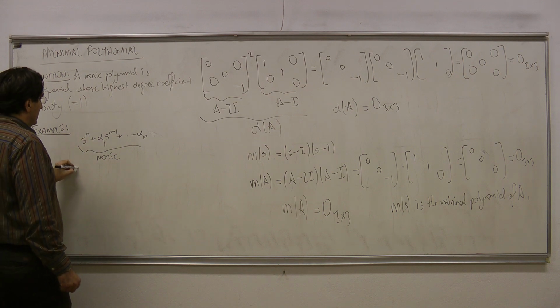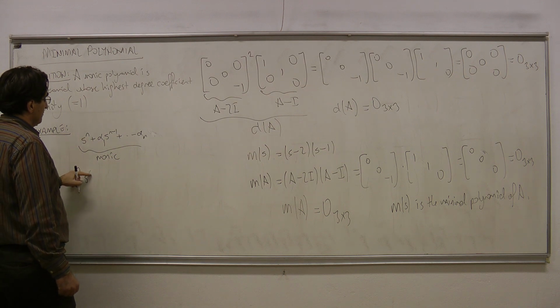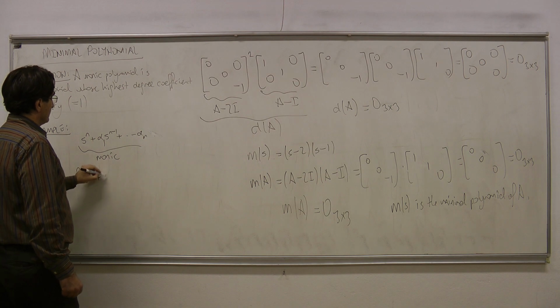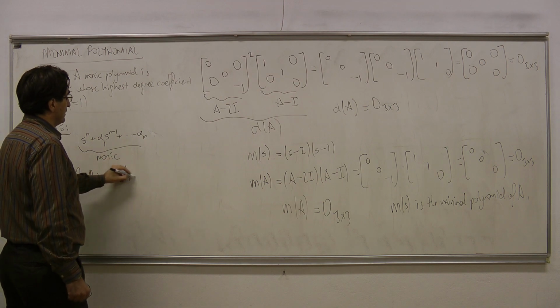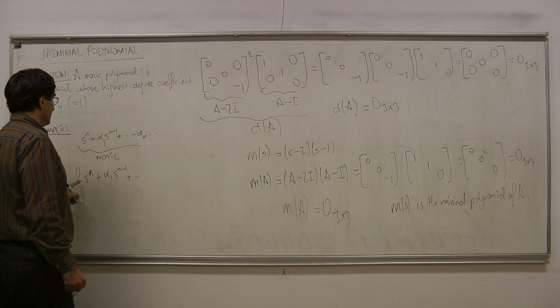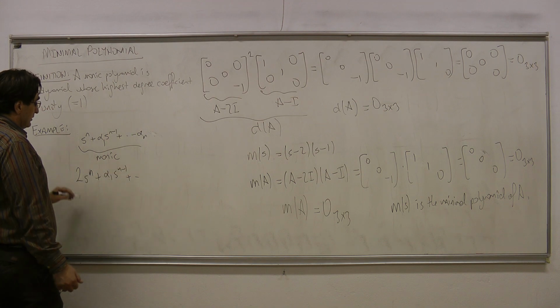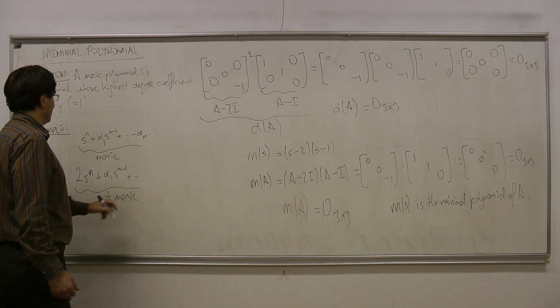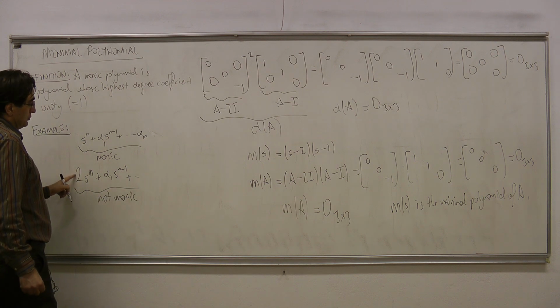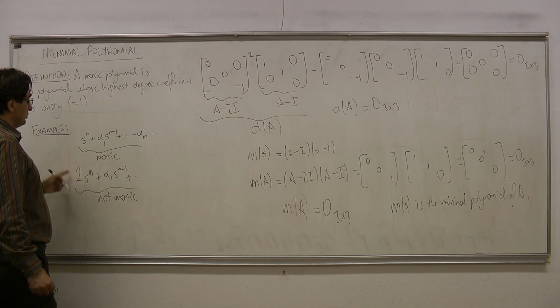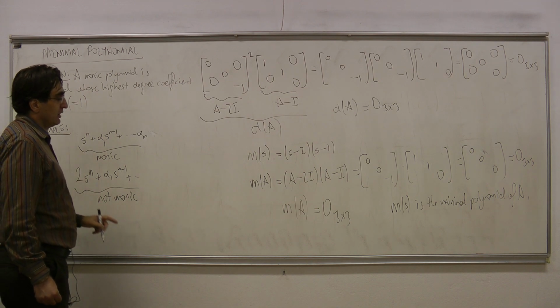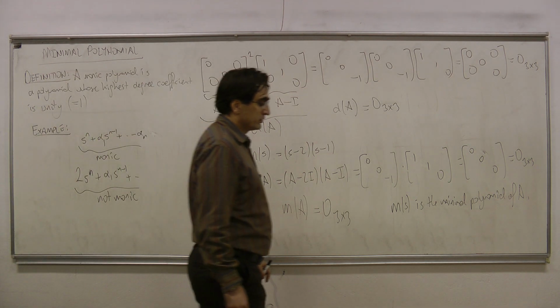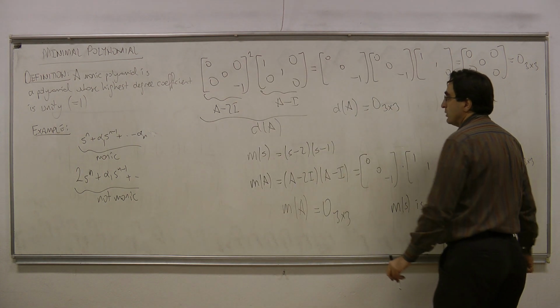Or if I start instead with 2s to the n plus alpha 1 s to the n minus 1, alphas really do not matter. If I start with 2 here, this is not monic anymore, because the highest order coefficient is 2, and for a polynomial to be monic, it has to have the highest order coefficient equal to 1. Okay?